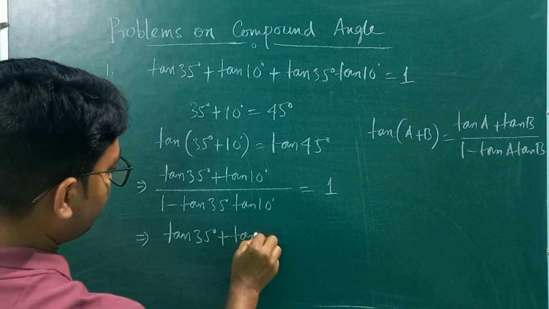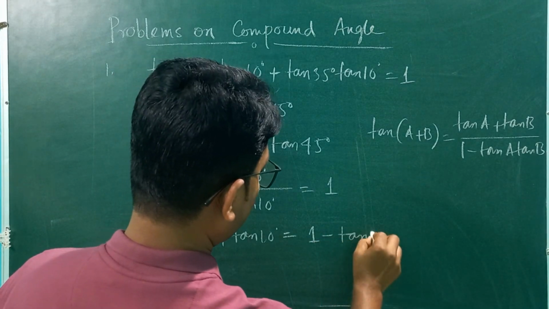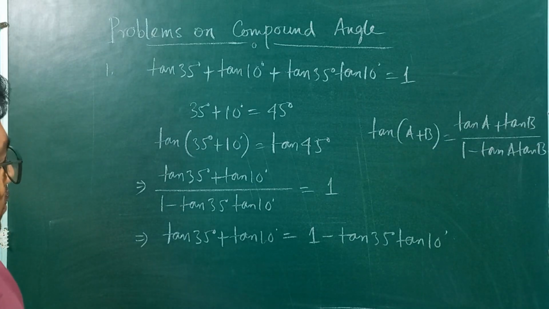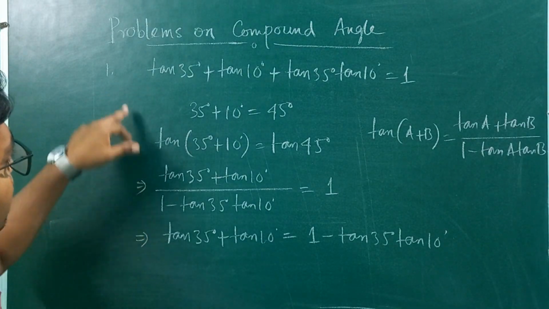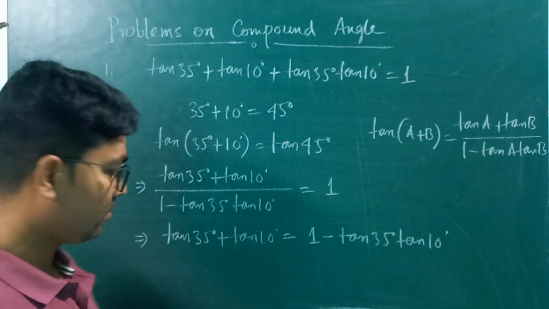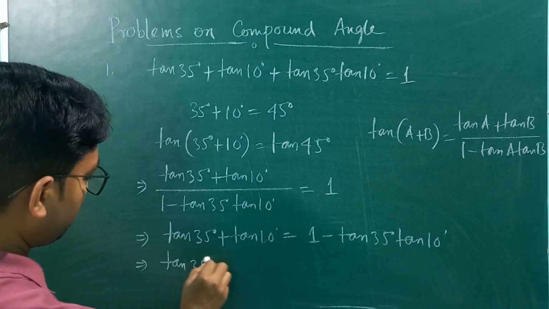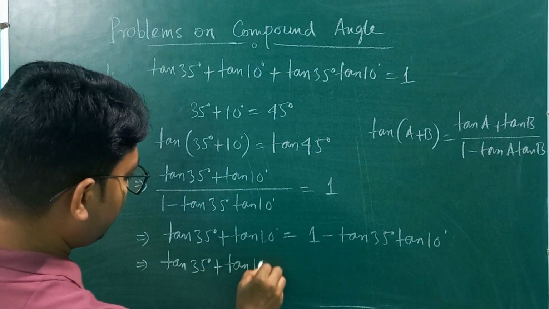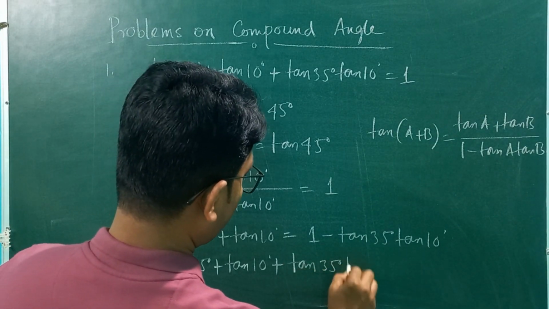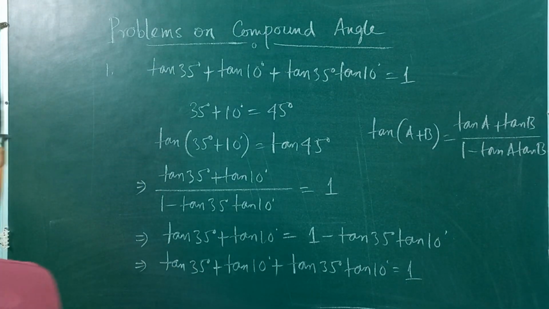That is tan 35 plus tan 10 degree equal to 1 minus tan 35 tan 10 degree. You can easily understand we have got our required result if you take this term to the left hand side. Then you have tan 35 plus tan 10 plus tan 35 tan 10 equal to 1. So that is our proof.